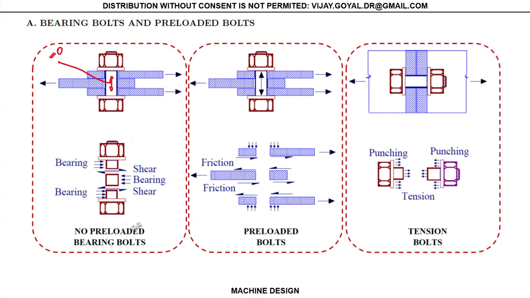Now, most of the time we don't have these cases. What we always do is use preloaded bolts. In other words, you do have axial loads in this direction, and this creates a pressure load here. Mainly what you have is friction. In such a case, your members are not necessarily applying extra pressure to the bolt itself.